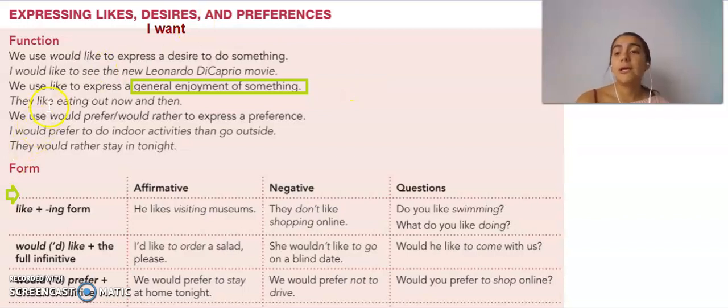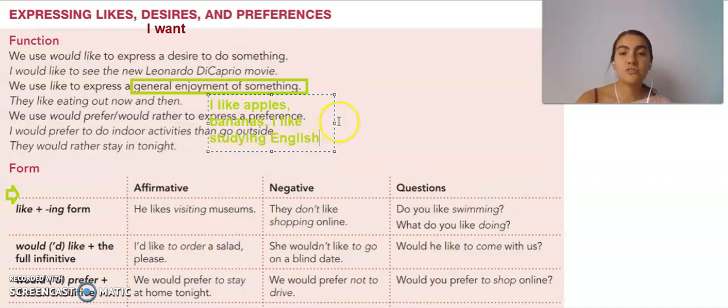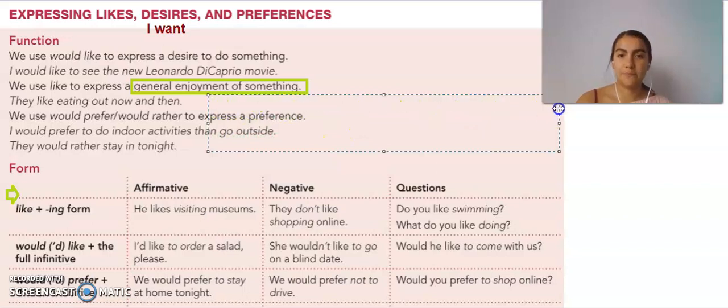For example, I like eating out now and then, or I like apples, or I like bananas, or I like studying English. So it's just something that you enjoy doing, right?